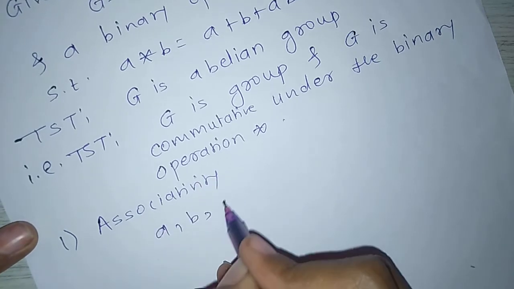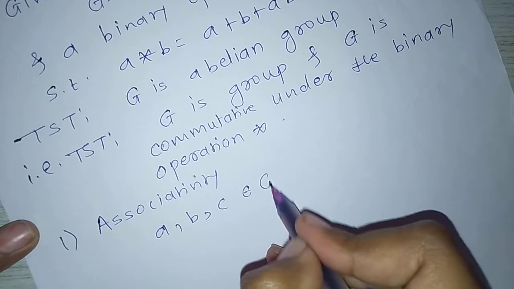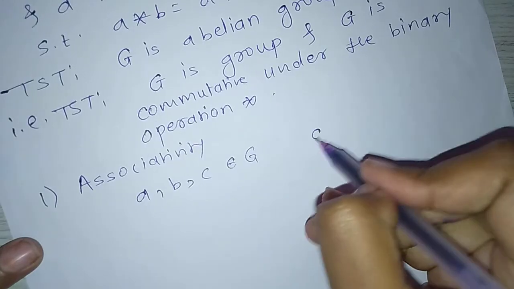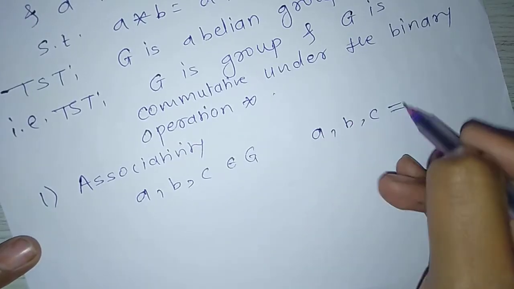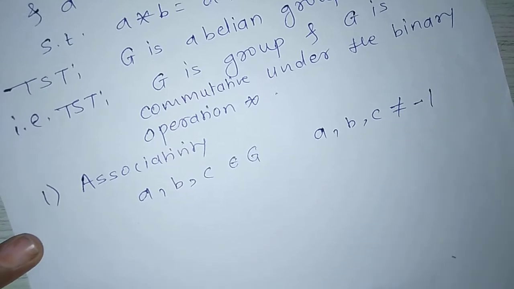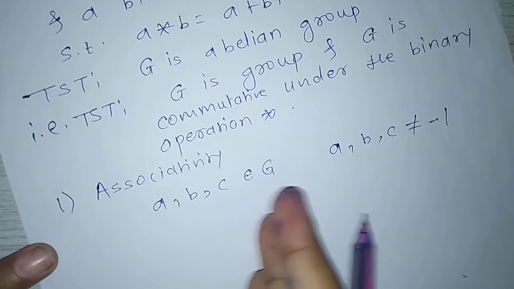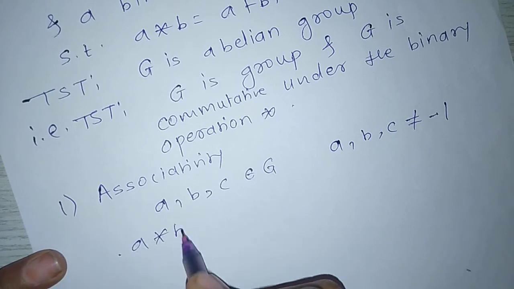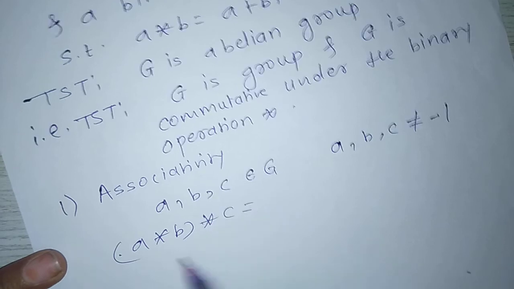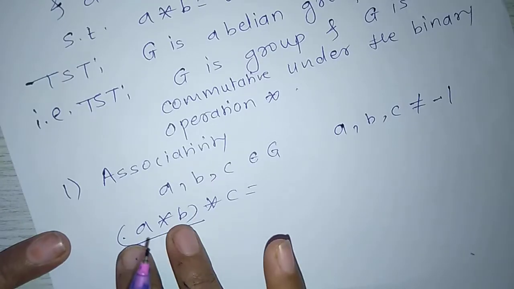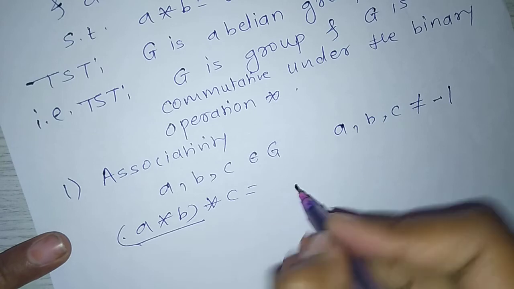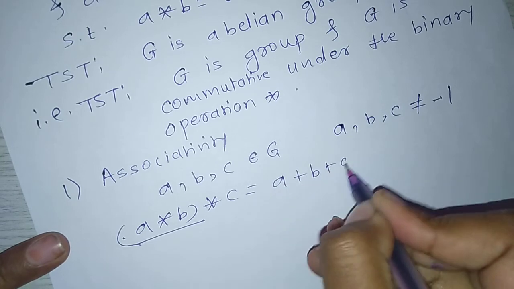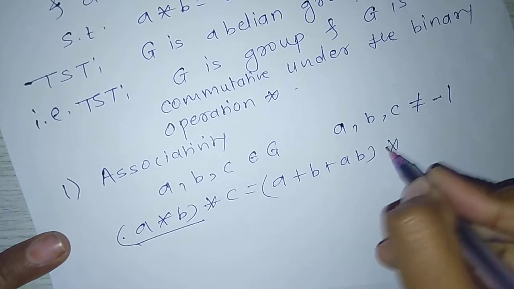Take 3 numbers A, B, C belong to G, such that A, B, C do not equal minus 1 because G does not contain minus 1. (A star B) star C equals star applied on A and B, we get (A plus B plus AB) star C as it is.